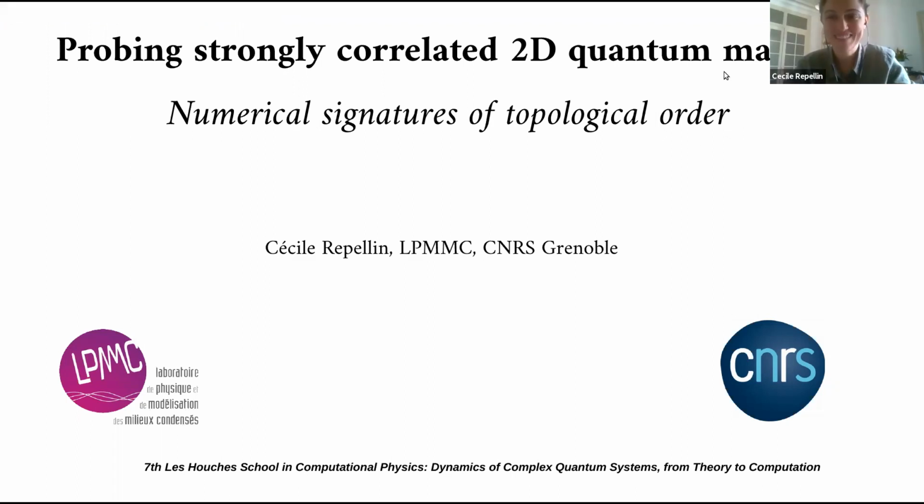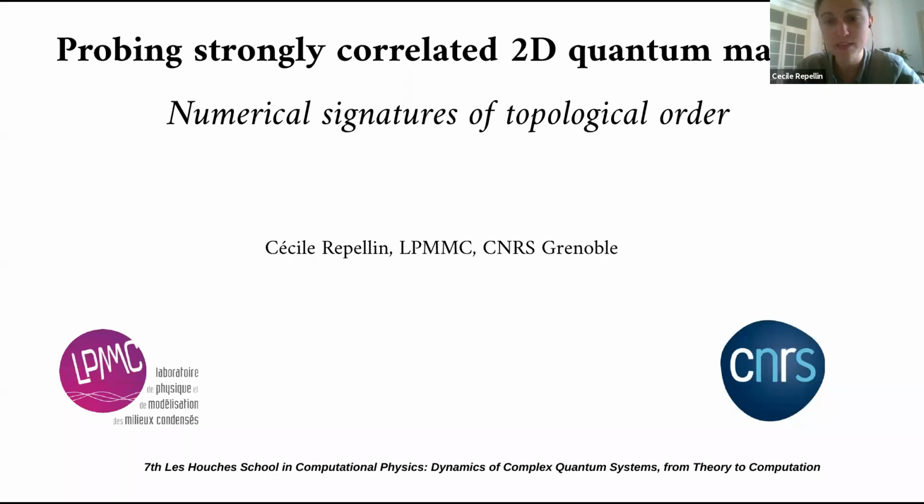Okay, thanks, Nicolas. So hi, everyone. Today I'd like to tell you a little bit about some methods to probe topological order in strongly correlated 2D systems. The goal of this lecture is to see some numerical signatures of topological order, more specifically the fractional quantum Hall effect and related phases, using exact diagonalization or DMRG.